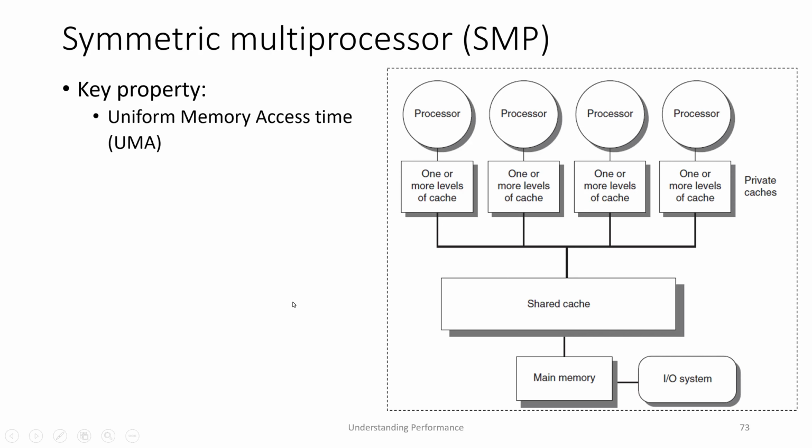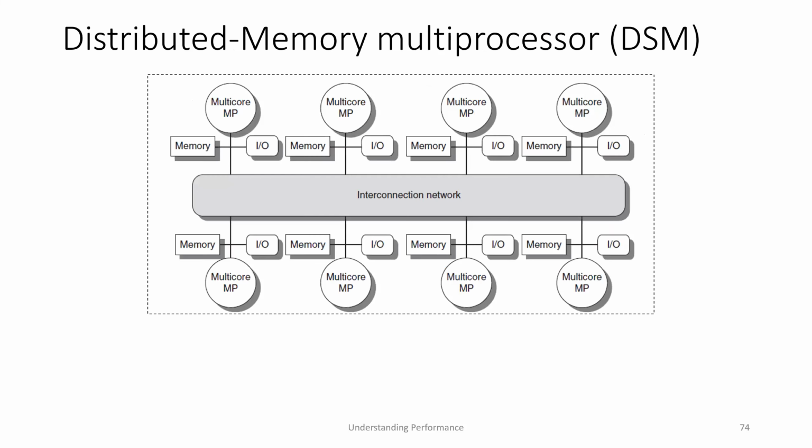The key property in SMPs is that all the processors will have the same access latency, uniform access latency. On the other hand, we have what's called distributed memory multiprocessors.